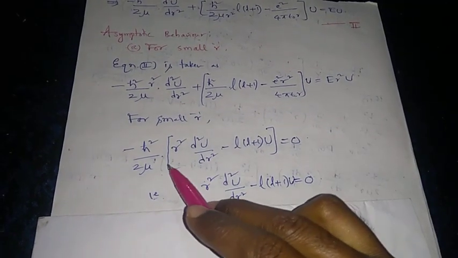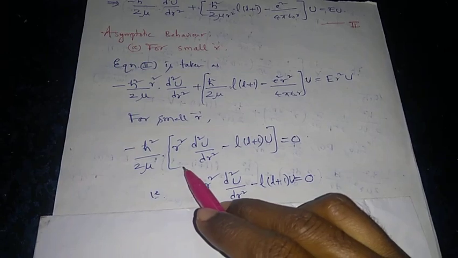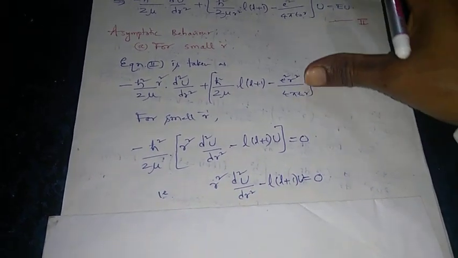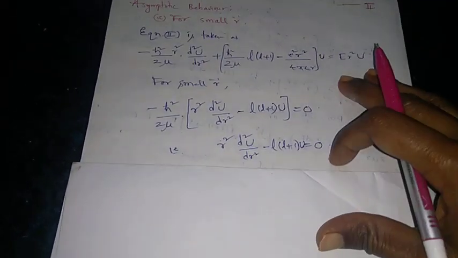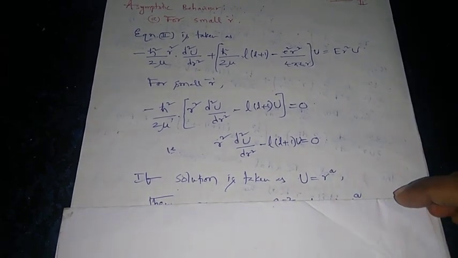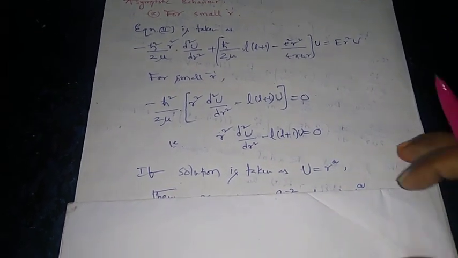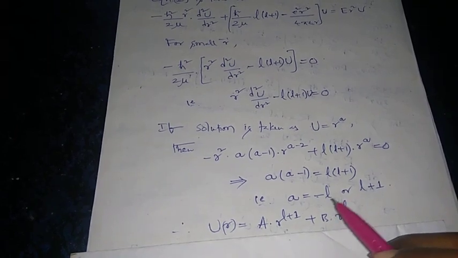So we get this equation turning into this form for small r. And to solve this, we can take the solution as u equals r power a. And after substituting and simplifying, we find that a equals minus l or l plus 1.